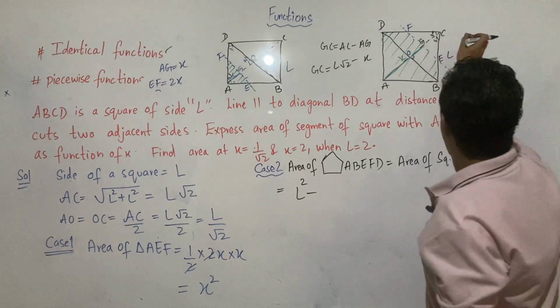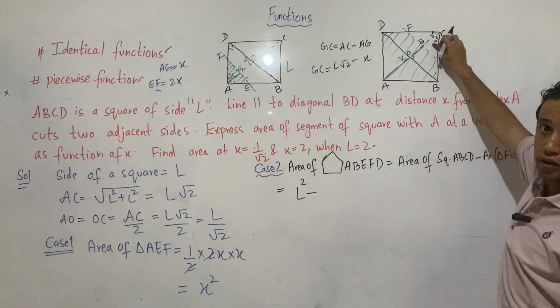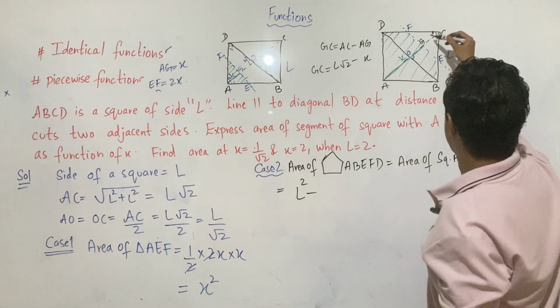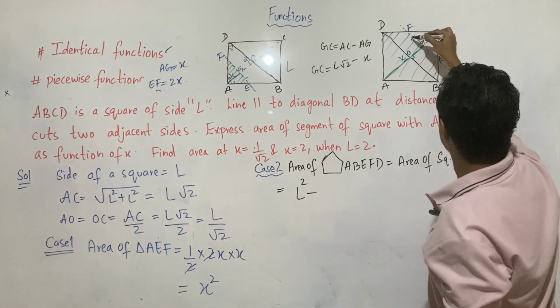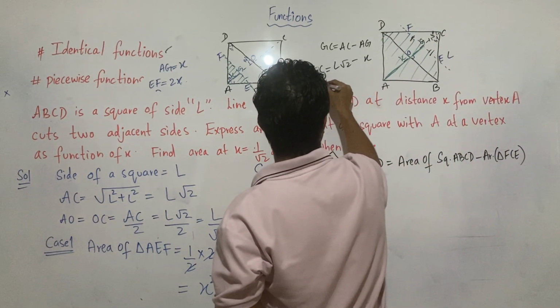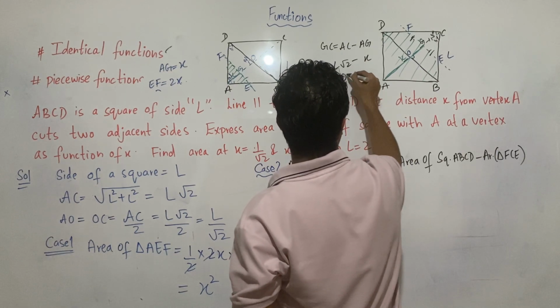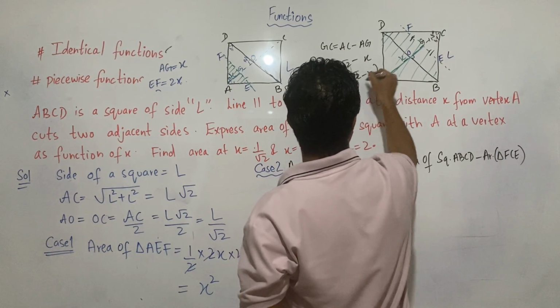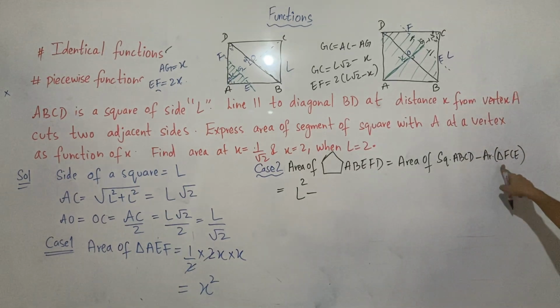And I know this is also a right angle isosceles triangle, so this is going to be similar to this, right? So this EF is going to be 2 times (L root 2 minus X), right? So first sort out this area.